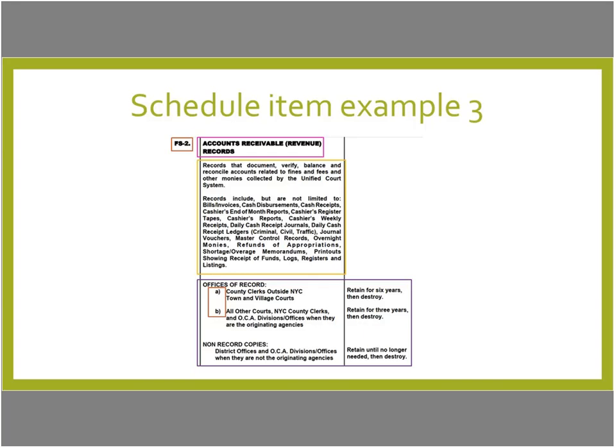There are other kinds of courts and other kinds of entities within the court system that also hold the record copies of these account receivables, because who doesn't have account receivables? So for other courts and for the New York City County Courts and for the Office of Court Administration Divisions, then you have to retain them for 3 years.